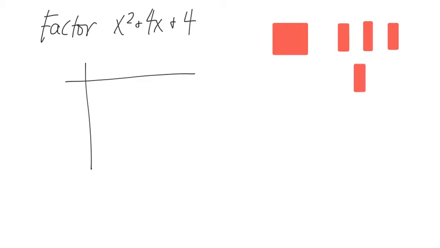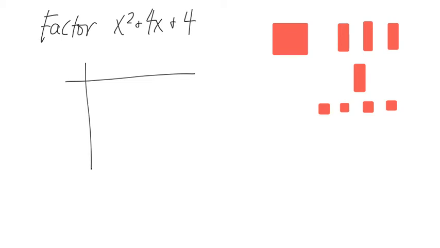And we're going to have 4 unit tiles: 1, 2, 3, 4. Okay, so now we need to arrange these tiles into the table.